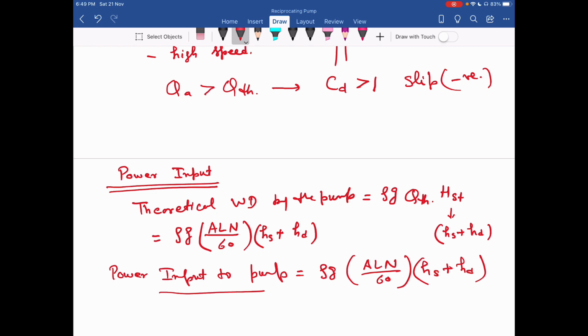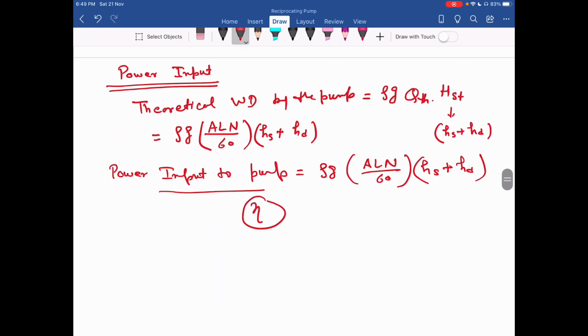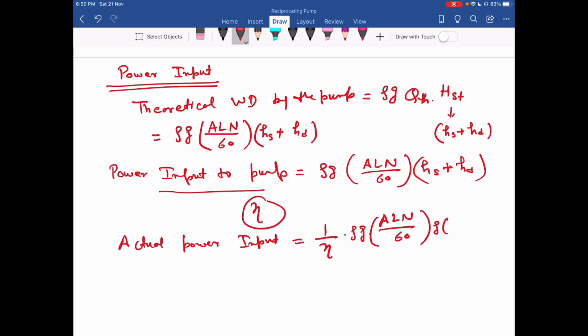So if eta is the efficiency of the pump, I can write the actual power input to the pump as 1 upon eta into rho g ALN divided by 60 into HS plus HD. Okay, so this is the formula for the actual power input to the reciprocating pump.